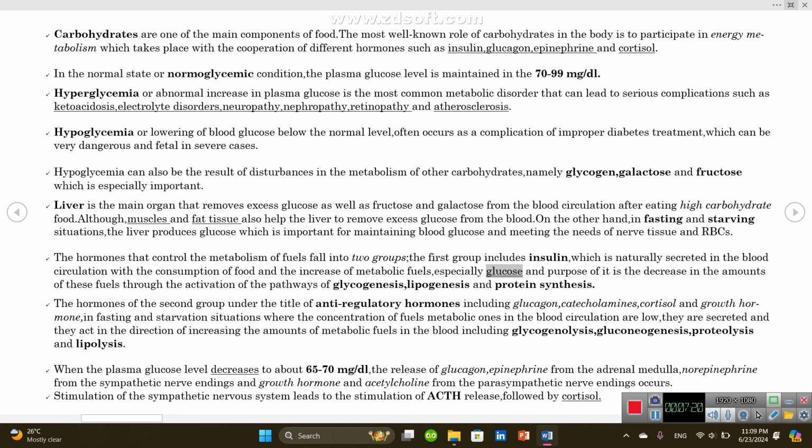The purpose of it is the decrease in the amounts of these fuels through the activation of the pathways of glycogenesis, lipogenesis, and protein synthesis. It means if you eat high carbohydrate foods like lollipops or fast foods, they contain a high amount of carbohydrates, so insulin is secreted from the beta cells into your bloodstream.